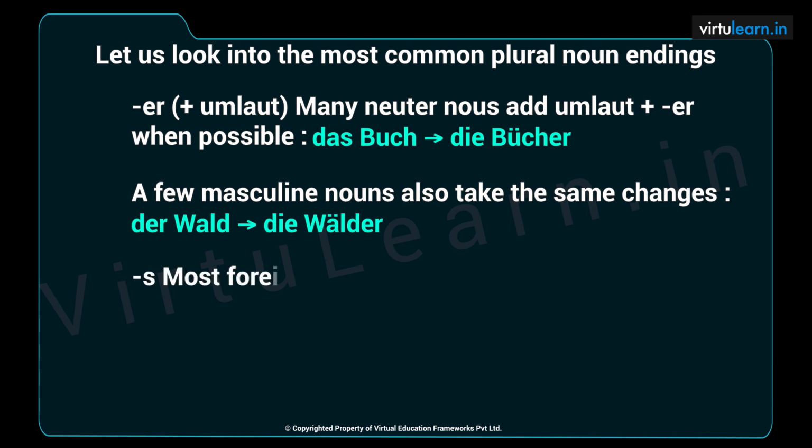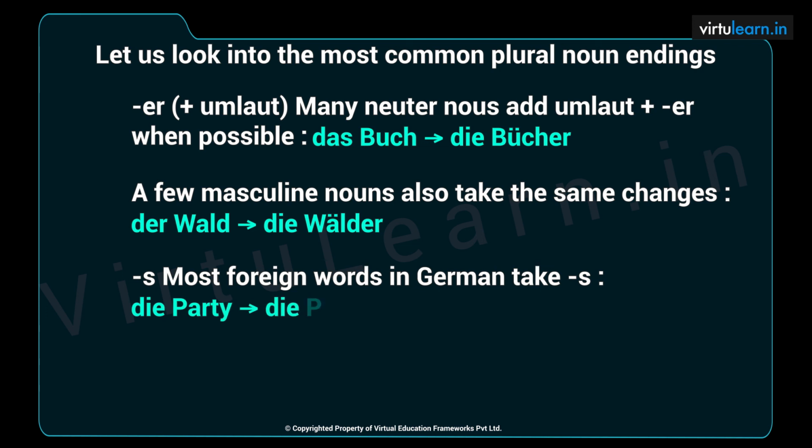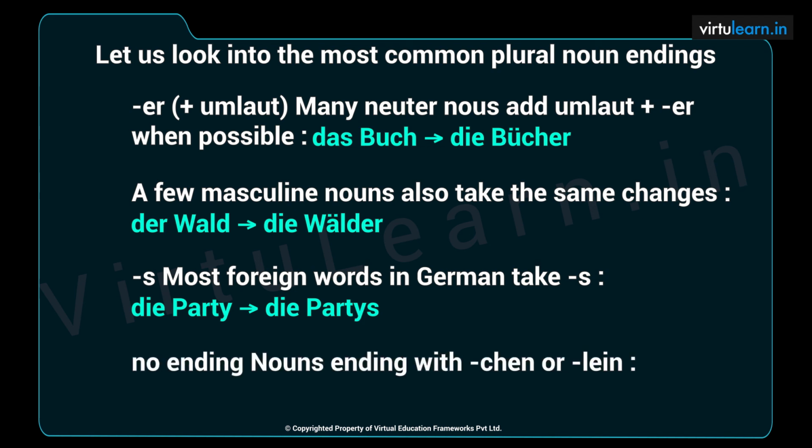Most foreign words in German take S, similar to our English. The noun ends with S. For example, die Partie, die Partys. There are no plural endings for the nouns ending with chen or ler.